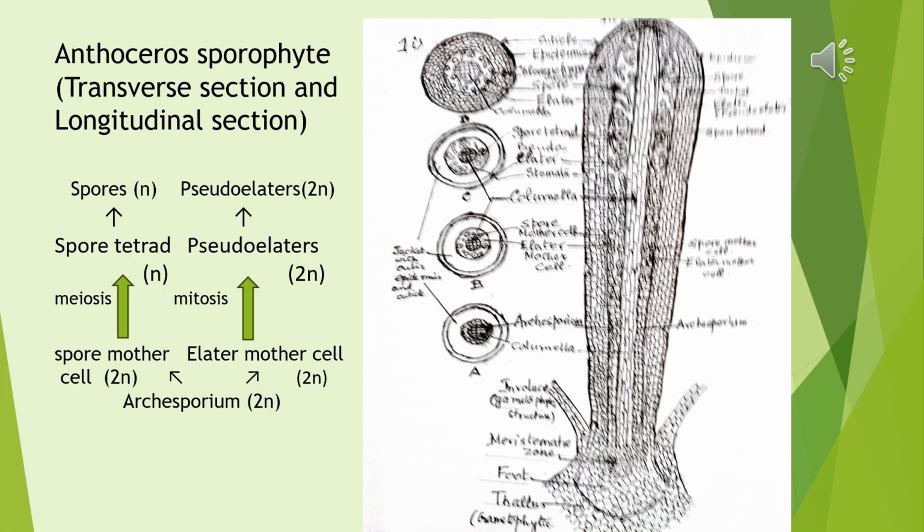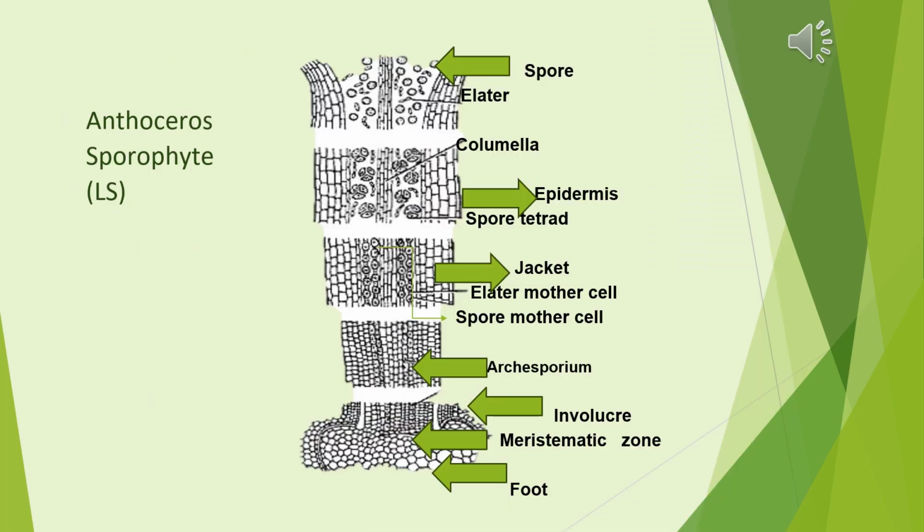Here the sporogenous area is wider, showing free round spores and long pseudoelaters. This is again the longitudinal section of Anthoceros, where the lower portion is not seen clearly. However, the rest is bigger, hence clearer.